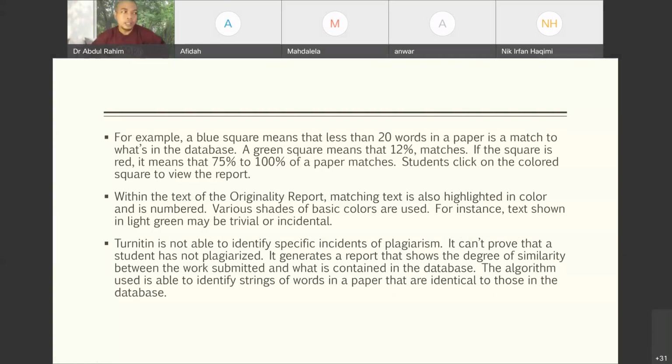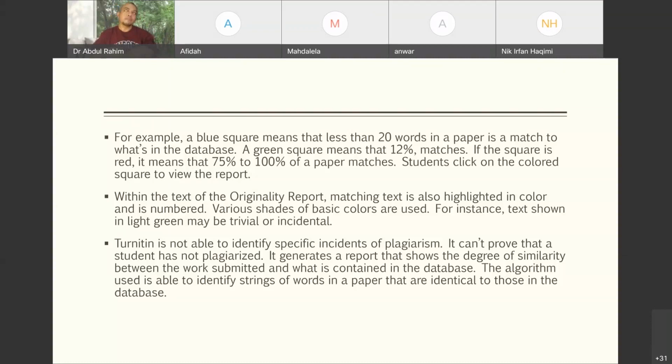So when there's a huge similarity index in the report, we cannot simply say this student has committed plagiarism and report it. Sometimes there are certain things we have to understand. For example, maybe the student uploaded his work once and wants to upload the same work a second time.